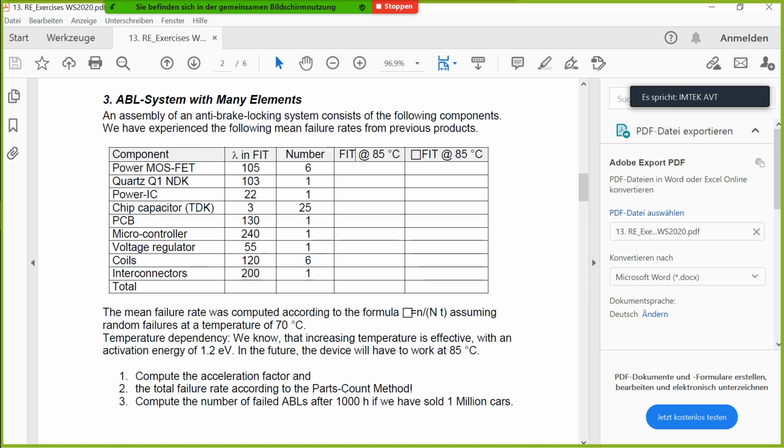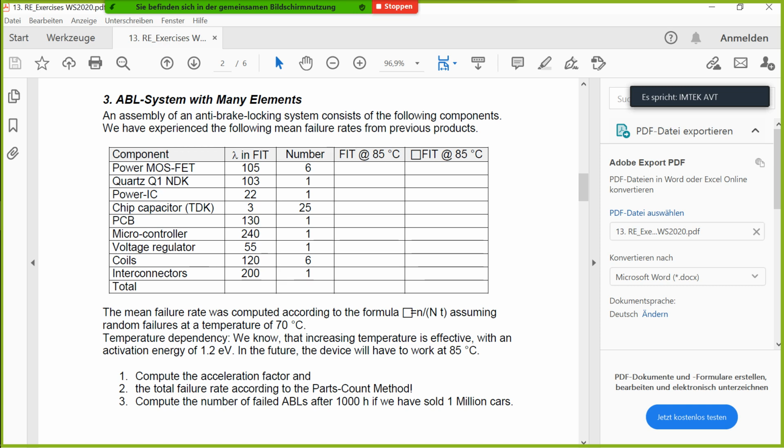And on the other hand, we have an activation energy of 1.2. That means, what would it be? Roughly double at 8 degrees Kelvin increase. So it's 15 degrees more. So it would be roughly 4 times, yeah? Because with 1 electron volt and 10 degree, it would double, but it's both a little more. So it would roughly double. You can, of course, take the exponential function, compute it.